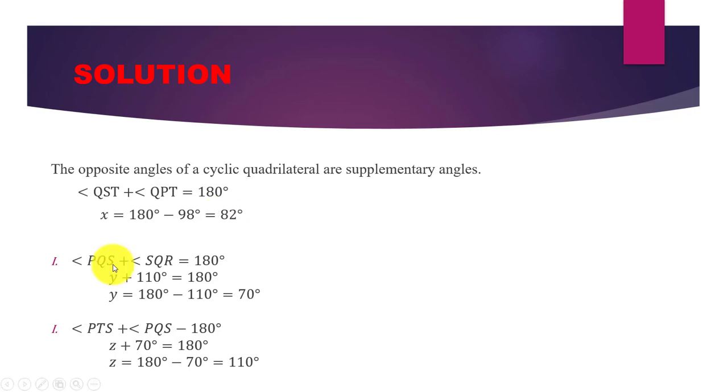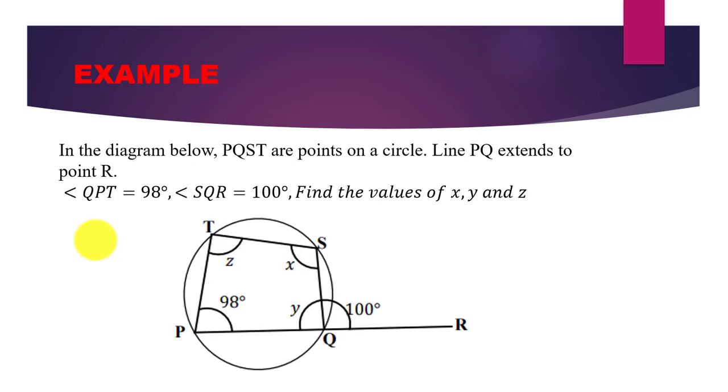Also, in the diagram, angle PQS plus angle SQR is equal to 180 degrees. Let me go back to the diagram. Yes, so angle PQS, that is angle y, and angle SQR, that is 100 degrees, sum up to 180 degrees because they are angles on a straight line.